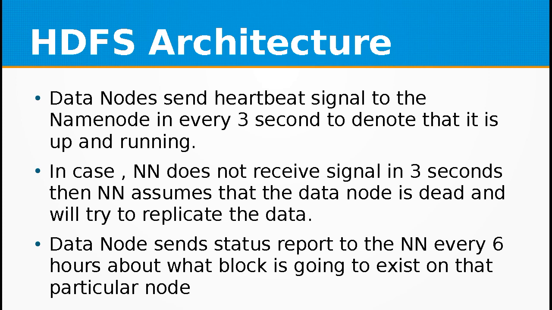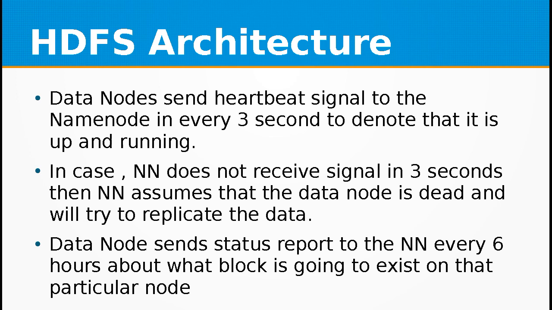If the data node fails to send the signal once every 3 seconds, the name node would assume that the particular data node is dead, and then it has to take action for replicating the data which was originally present on the node, which is now no longer existing. Apart from this, the data node would also send status information to the name node once every 6 hours.